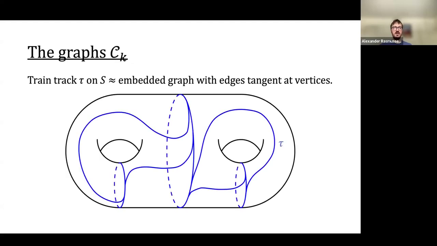A train track tau on S is basically an embedded graph with edges tangent at the vertices. There are more conditions than just this, but I don't want to get into the technicalities. So here's a picture of a train track. It's some kind of embedded graph, and as you can see, the edges are tangent at every vertex.